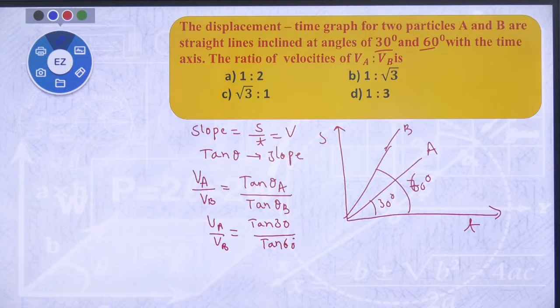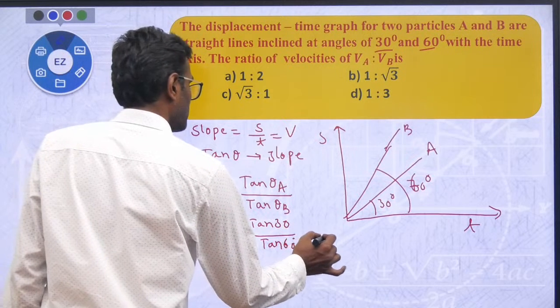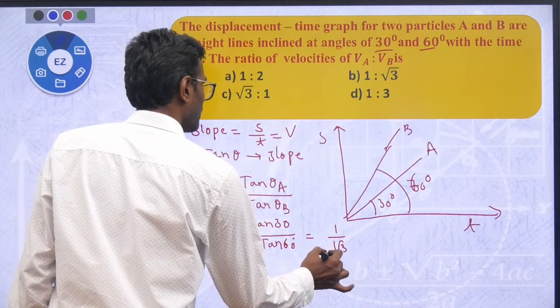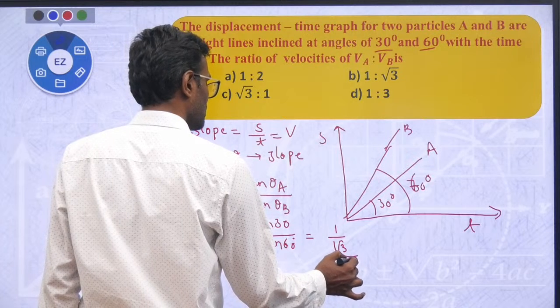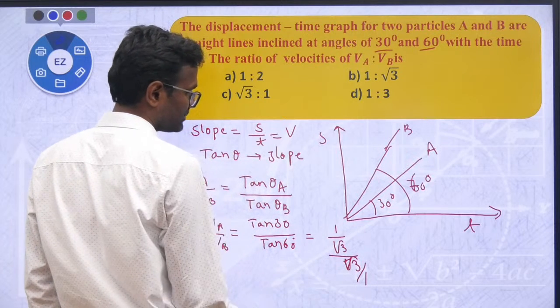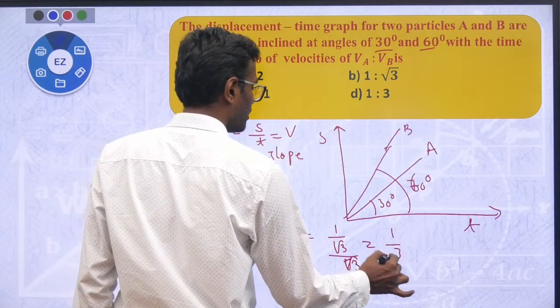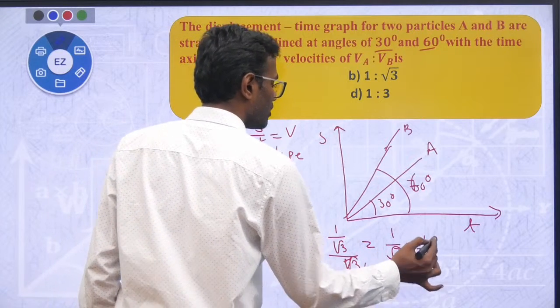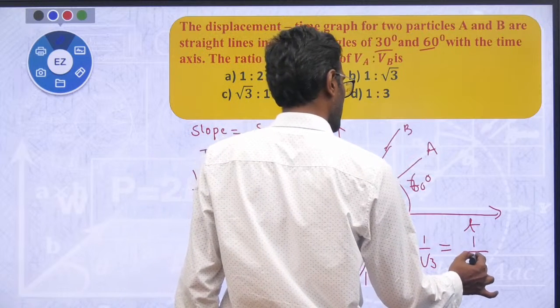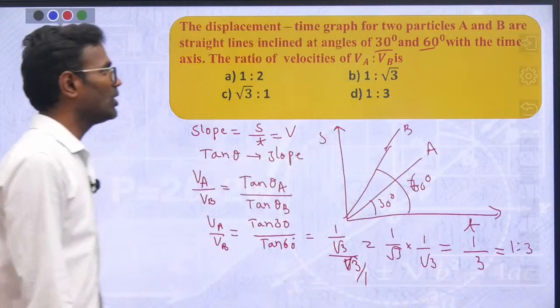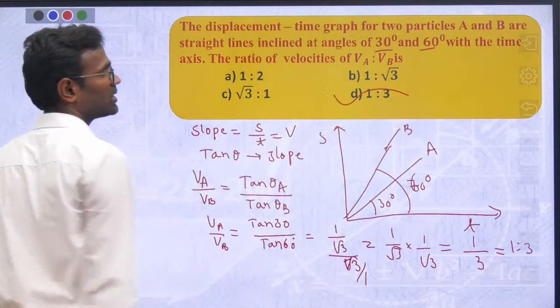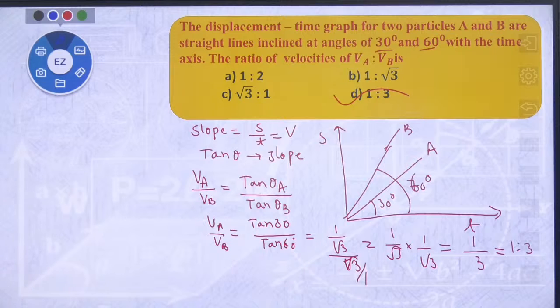This is your answer. If you want to simplify more, tan 30 is 1 by root 3, tan 60 is root 3 by 1. So 1 by root 3 into 1 by root 3 gives 1 by 3. That means 1:3. Your answer is D.